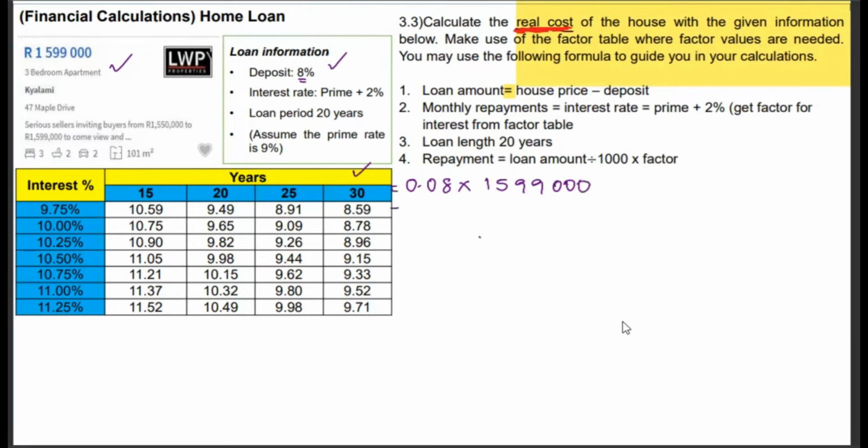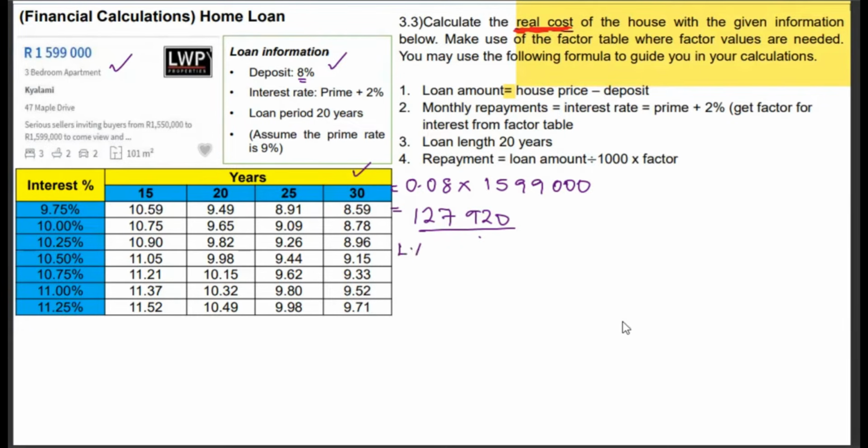So we are looking for the deposit. You will do this. The deposit the person has to pay is 127,920. I'm not interested in the deposit. I'm interested in the loan amount.